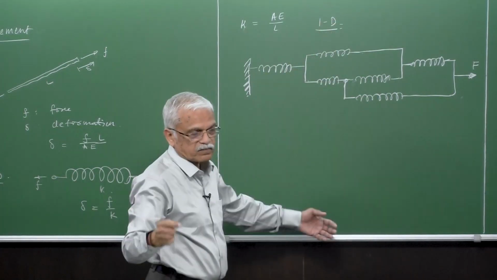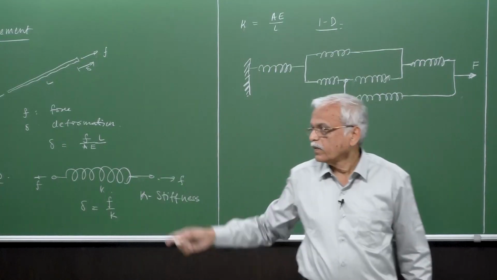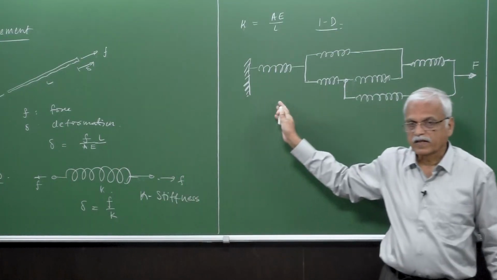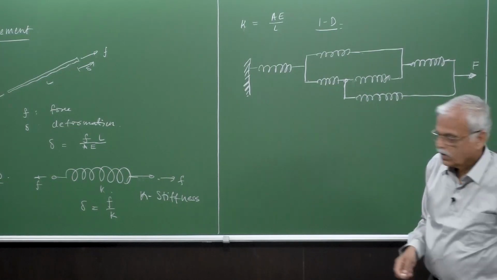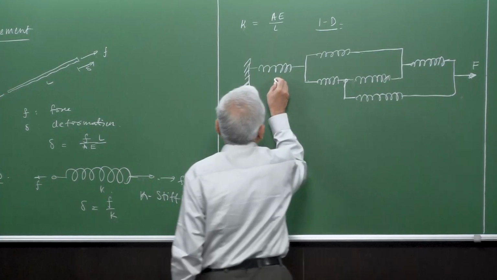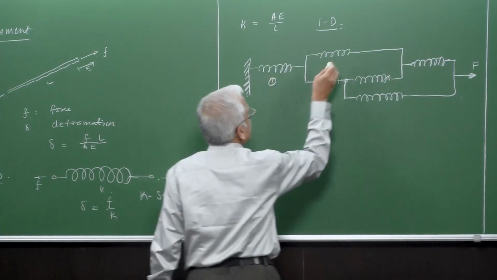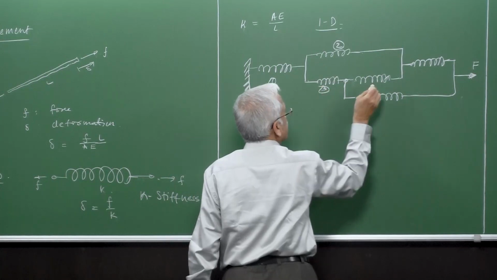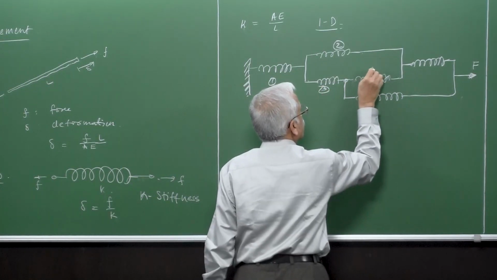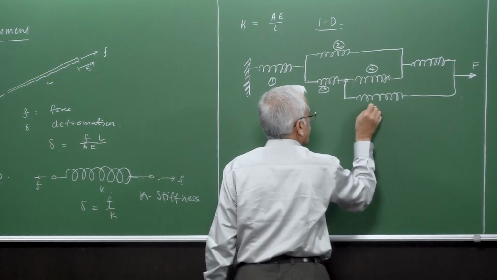That means from 2D to 1D, from a simple truss structure, we are replacing it by simple spring masses. We can say that this has a number of springs, 1, 2, 3, 4, 5.